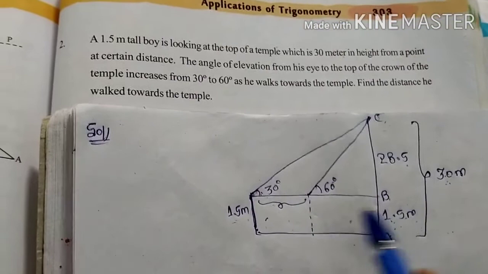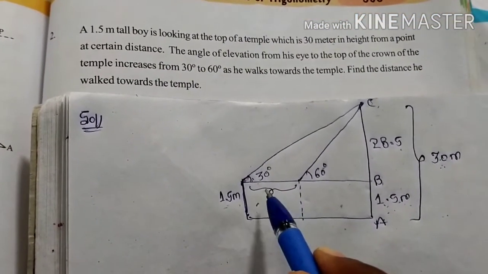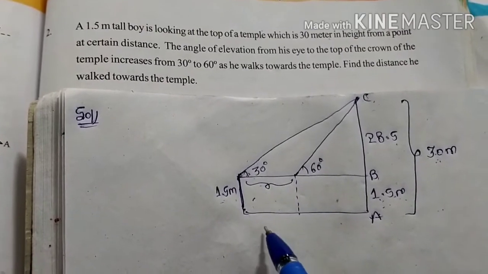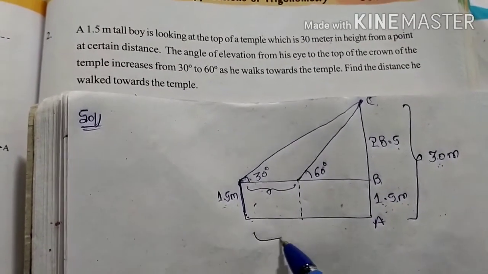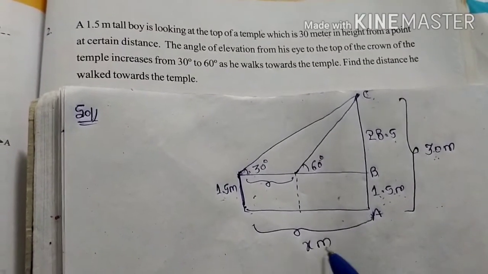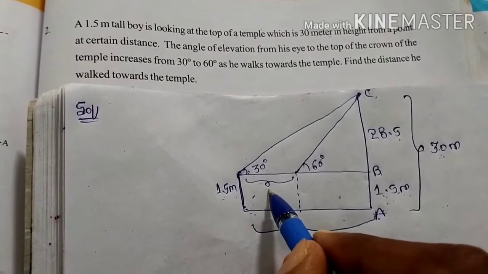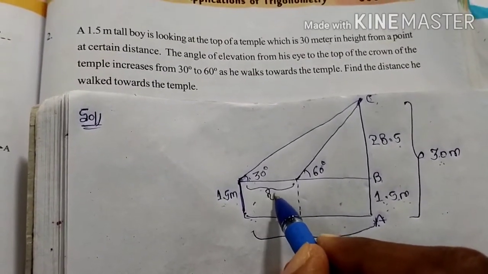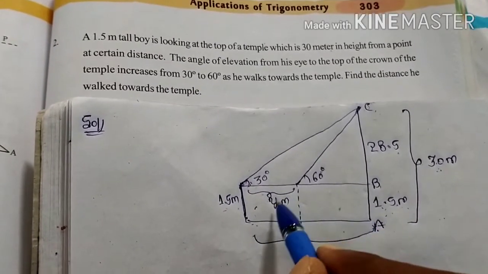Let us assume the distance between the boy and the temple is x meters. You can assume the total distance between the boy and the temple is x meters. Let us assume the distance he walked towards the temple is y meters.